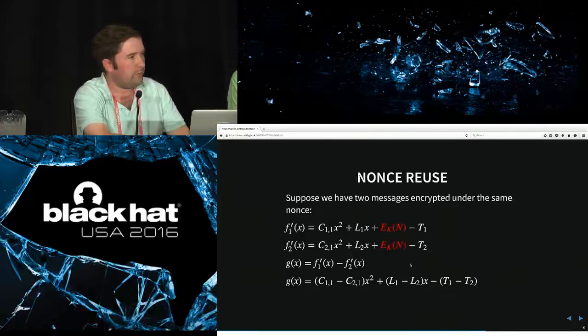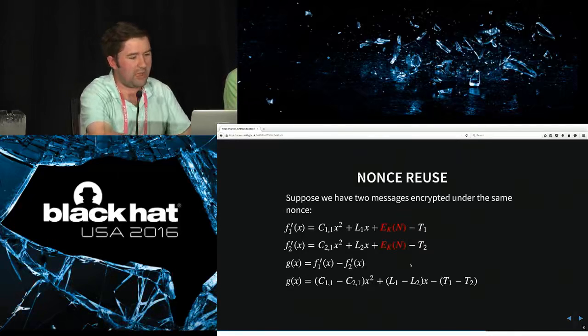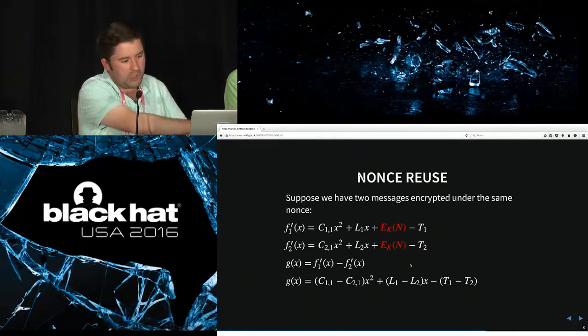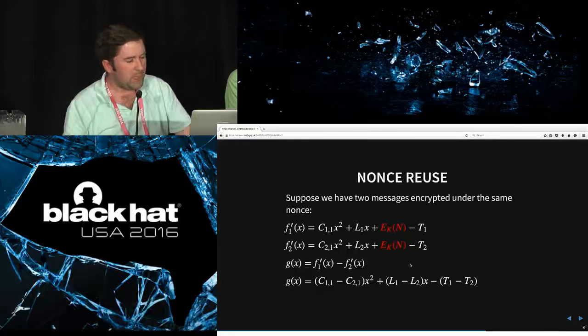in both polynomials. So what we can do is combine them together, basically subtract one from the other to eliminate that term entirely. And what we're left with is this new polynomial I've called g here at the bottom.